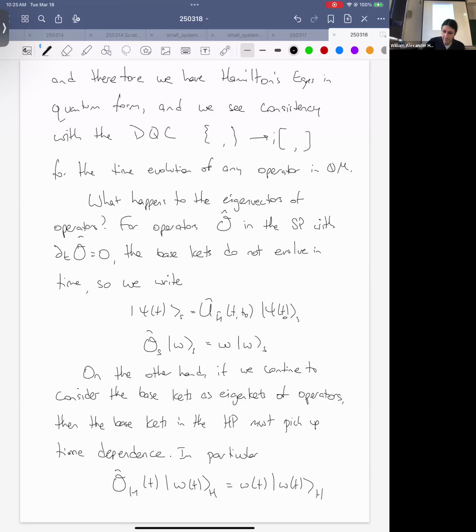So instead of absorbing the parametric time dependence in terms of the state evolving in time, now instead our coordinates are depending on time. Coordinates are depending on time.